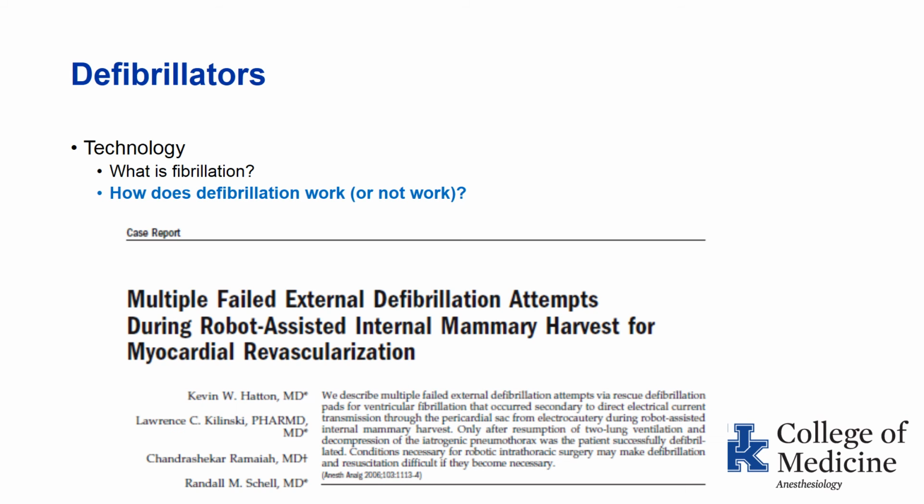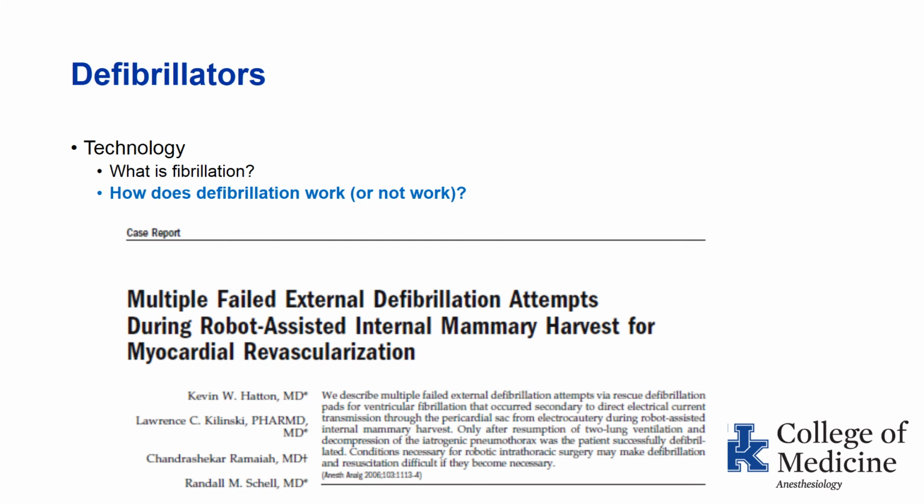Now, just as a myocardial or epicardial patch electrode interferes with a defibrillation, so does air, so does a pneumothorax. There was a time when robotic harvesting of the internal mammary artery was in vogue, and this case report, authored by Drs.